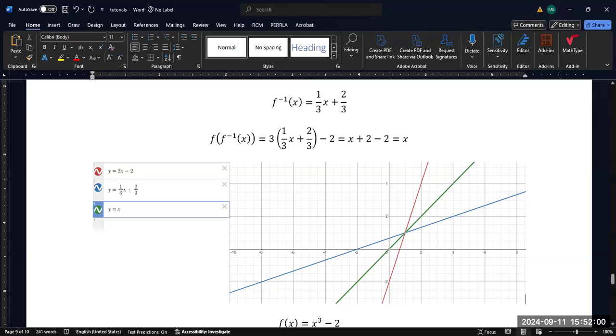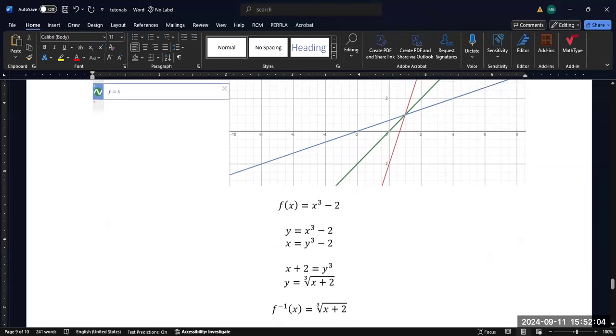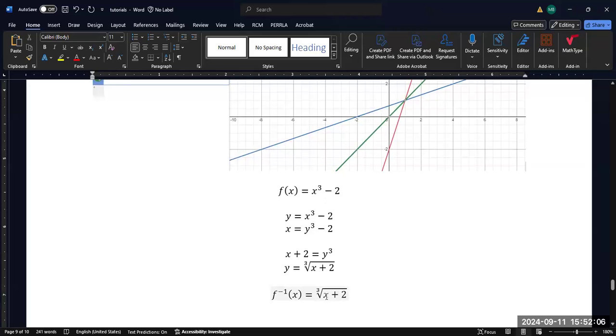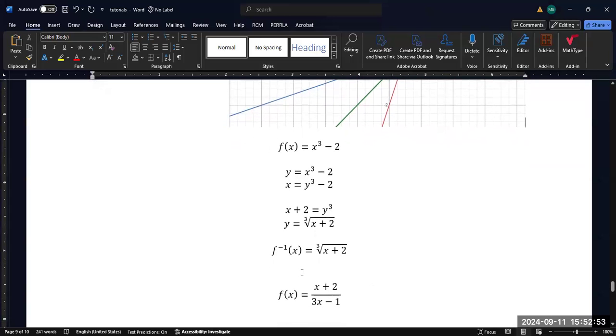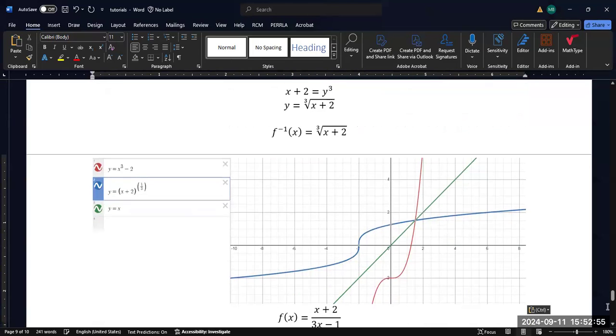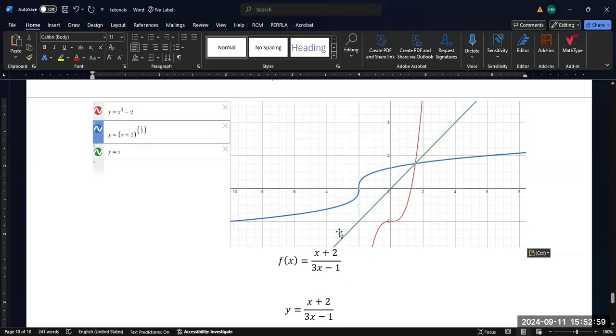Now let's try the same thing with our inverse for our cube function. And if we just insert the function graph here, again, we see the same kind of thing. We have our line y equals x, and across that we see this symmetry from our two graphs.